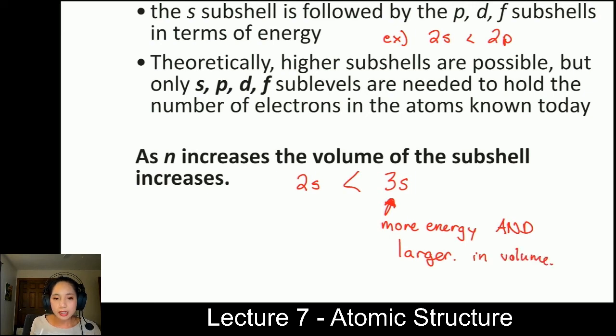All right, so that takes care of 2 of our quantum numbers, shell and subshell, where shell is our integer numbers, our energy levels, and subshells are our s, p, d, f designations.